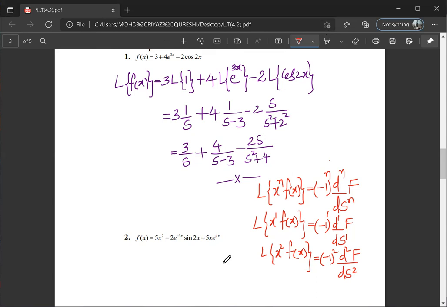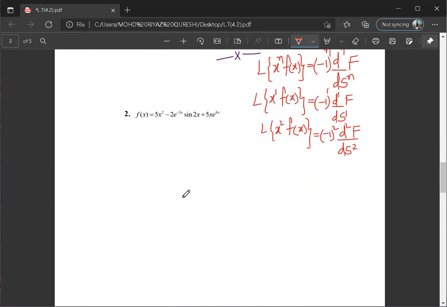See, the second question is a little lengthy. First we have to apply the Laplace transform here, that is L of f(x) is equal to 5 will be taken out, pulled out using the linear property as you remember.